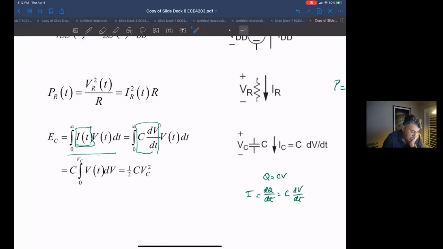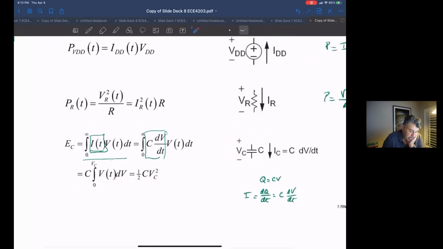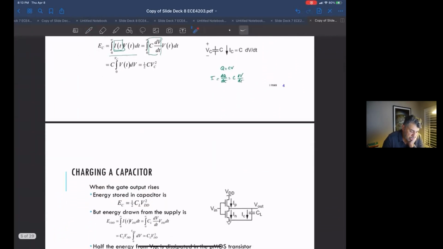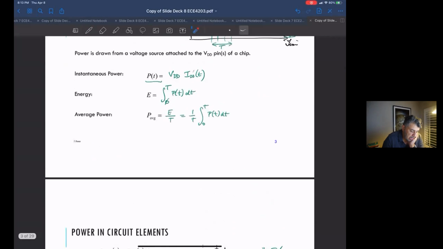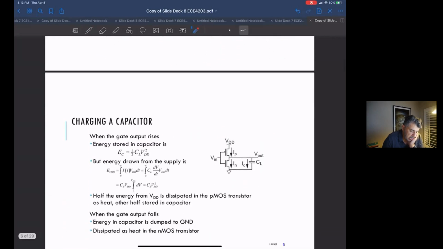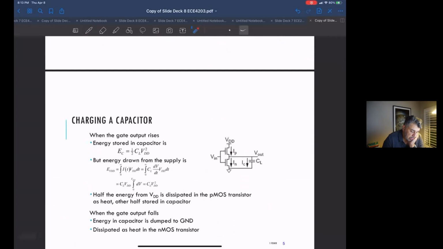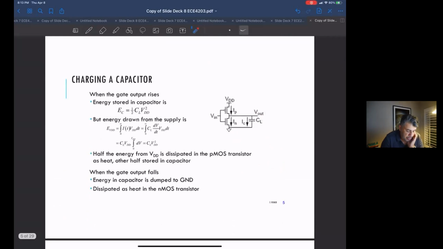So we take the same integral from 0 to Vc, which is what we're charging it up to, and we end up with 1/2 CV squared as the energy to charge a capacitor of a certain capacitance to a certain voltage V sub C. I'm just doing simple math there. All right, let's stop there, because the next thing is we're going to see how this applies to an inverter driving a capacitance, and we're going to get deep into it.